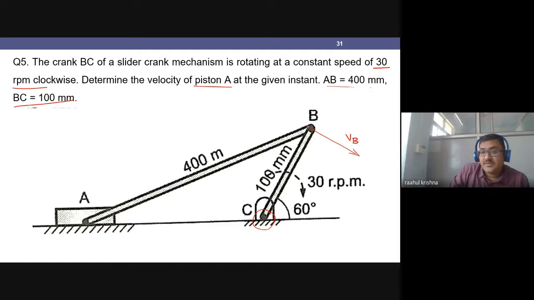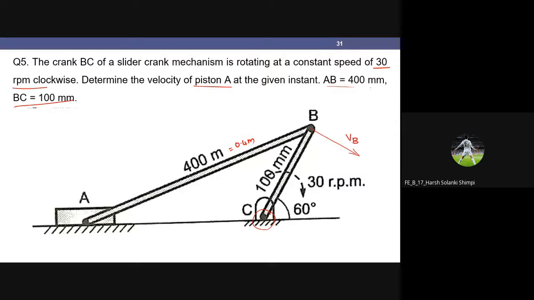And since VB is going in this direction, what will be my direction of VA? Will it be moving towards left, or towards right? What do you think? VA, towards right or towards left? Left.